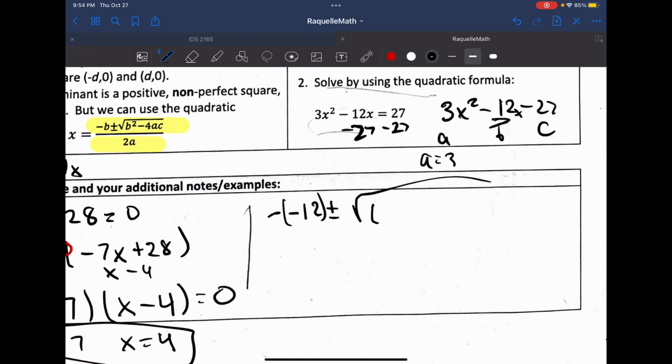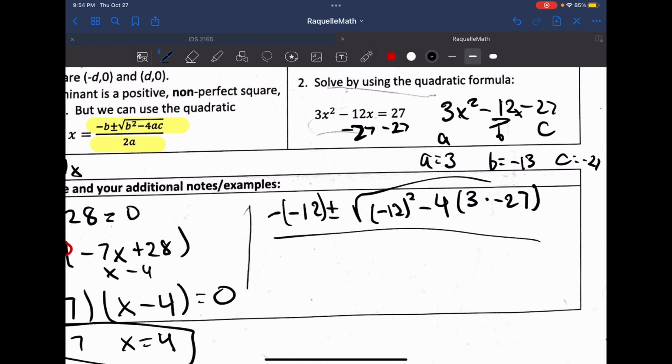Let me real quick write this just to be clean. So then we have -12 squared minus 4a, which is 3, times c, which is -27, divided by 2a.